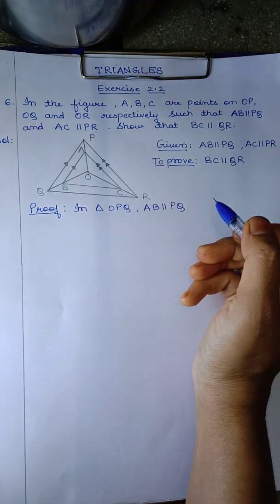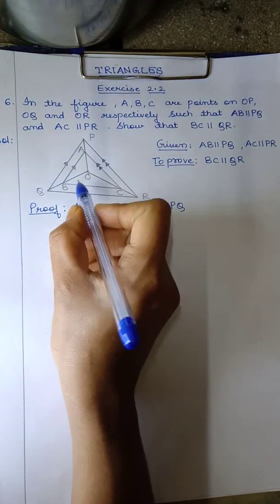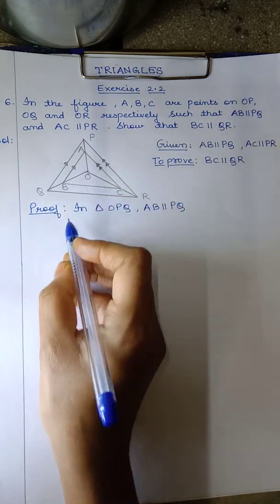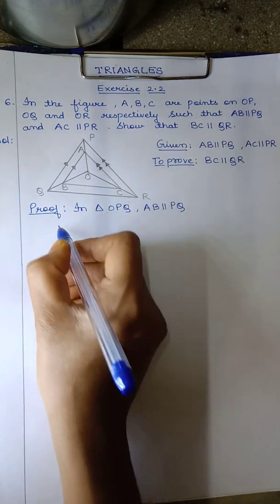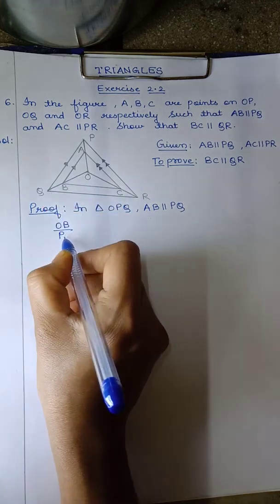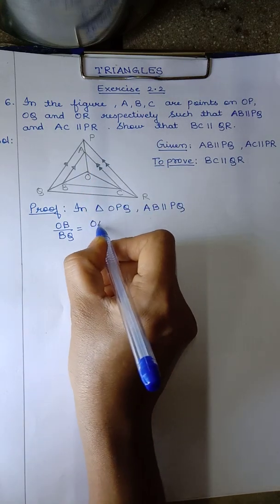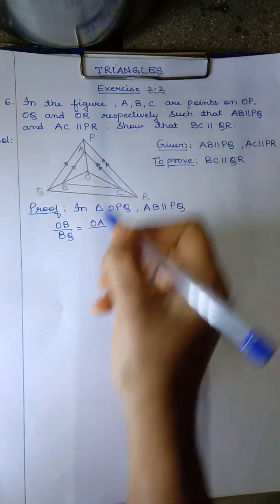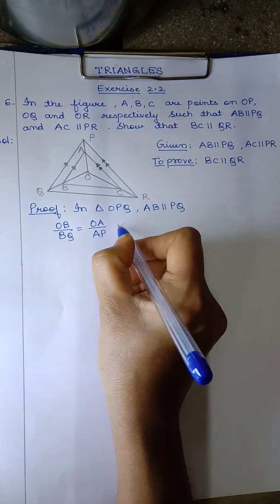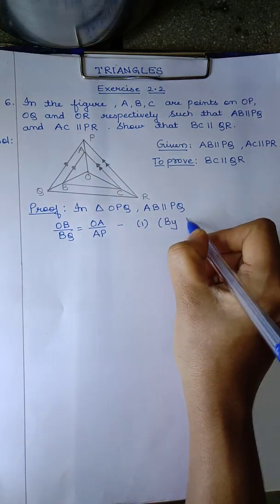Therefore, according to Thales theorem, the sides will be in equal ratio, that is OB by BQ is equal to OA upon AP. Let's consider this as the first equation by Thales theorem.